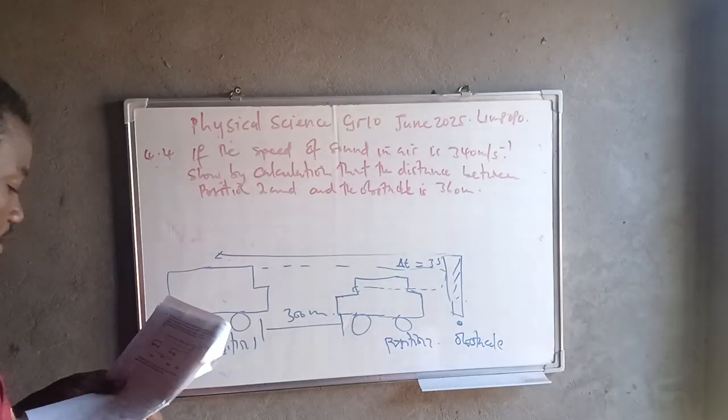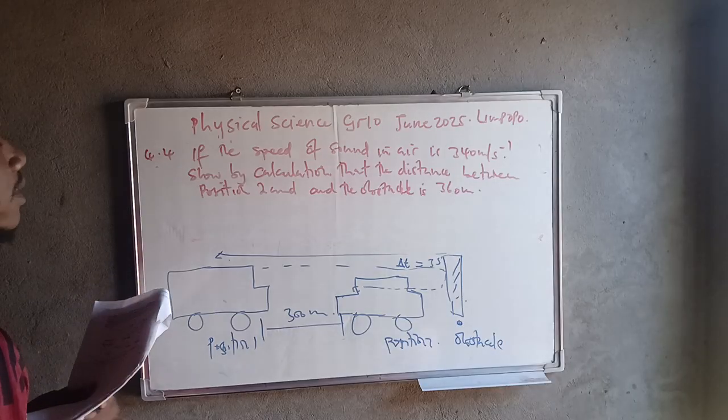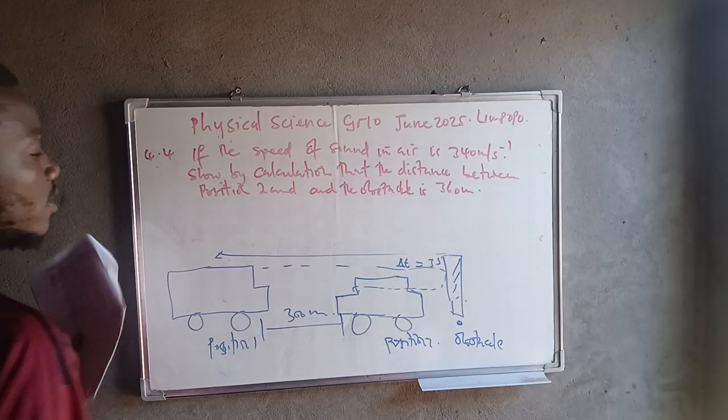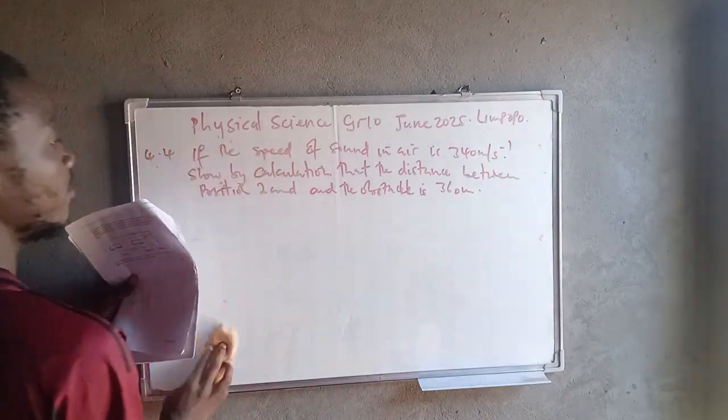So that's the question. Show by means of calculation that the distance between position 2 and the obstacle is 360 meters, right?